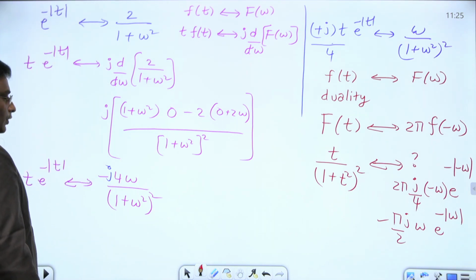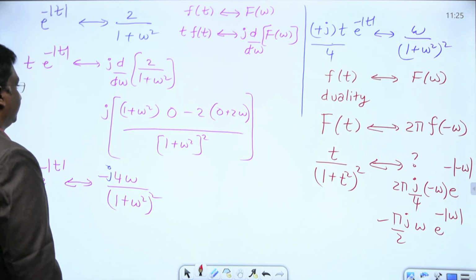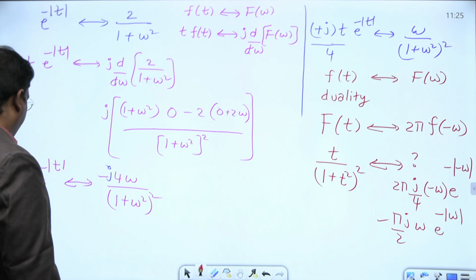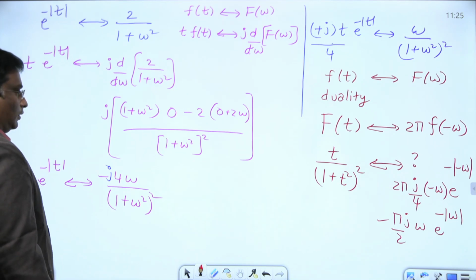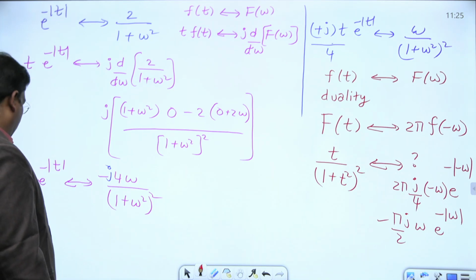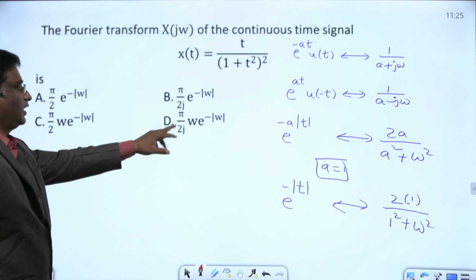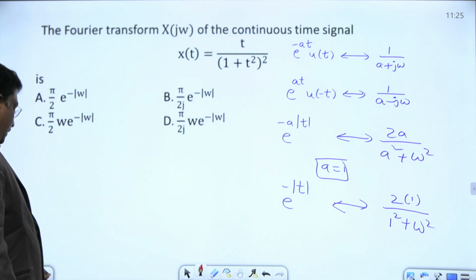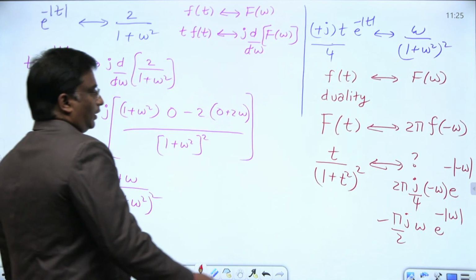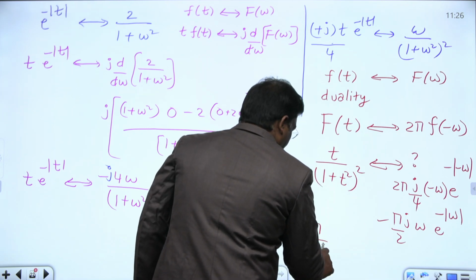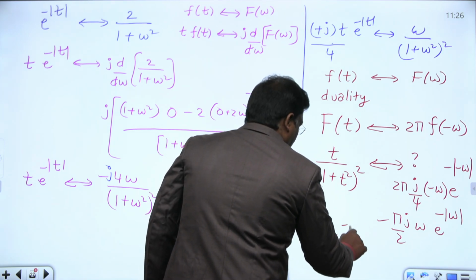Finished. You choose the correct answer from these options. They kept the j in the denominator itself here, or if I take minus j in the denominator, the answer you will get is plus j, 2j, omega e power minus mod omega.